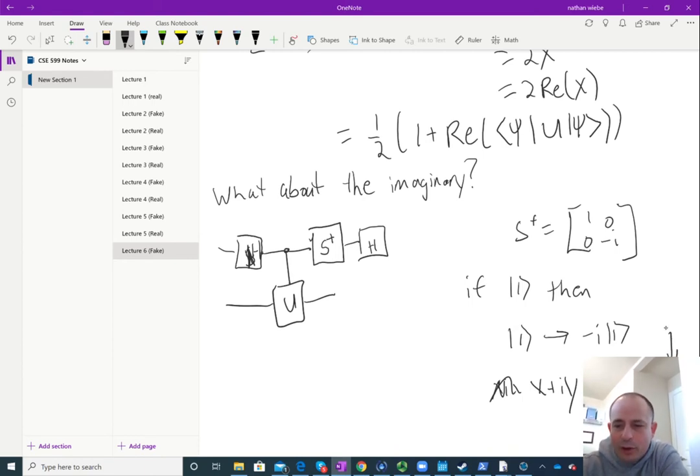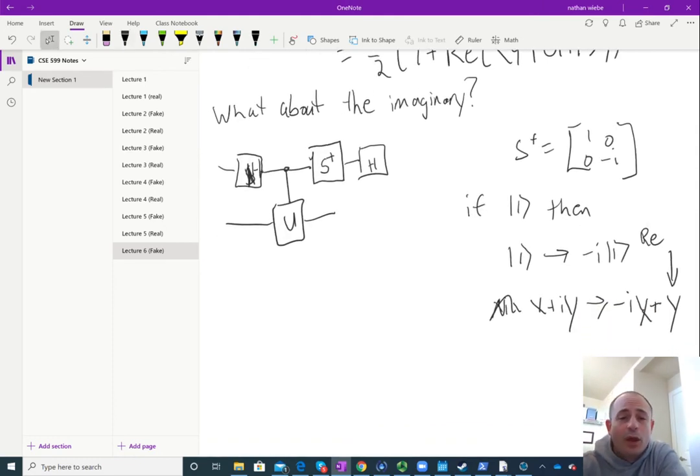So now the real part, after doing this transformation, is actually the imaginary part of what we would have had before. So this allows us to extract the imaginary part. And with these two circuits, we can figure out both the real and the imaginary parts of any quantity.